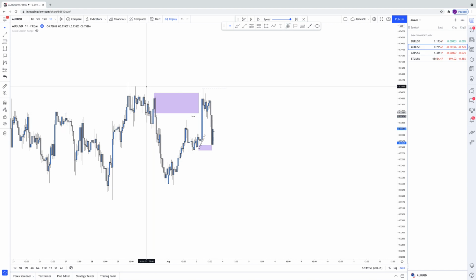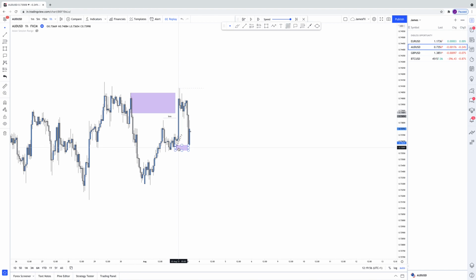Once price broke structure to the upside, we came in to mitigate this supply zone, and we actually broke above it. So you could say supply failed, that created demand. It gives this demand zone a higher probability of playing out.